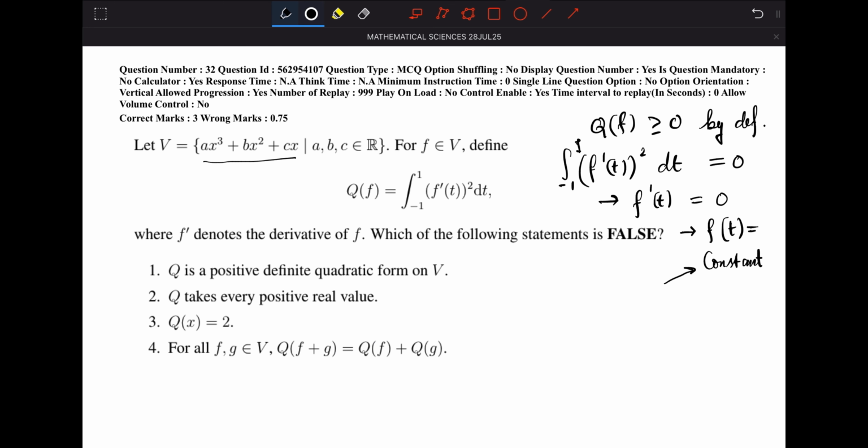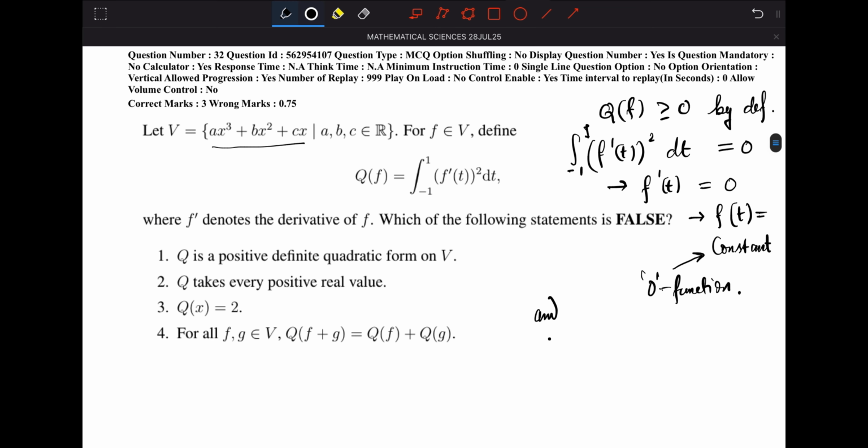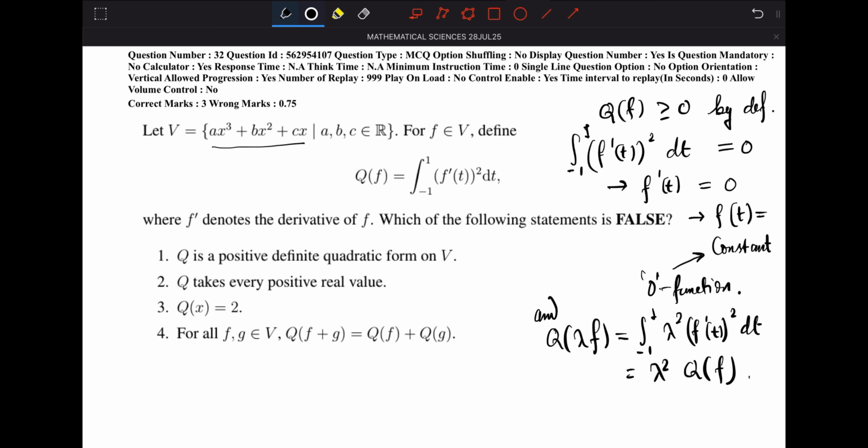So the only choice for the constant function is the 0 function. So that means it is positive definite, and Q of lambda f is the integral of lambda square f prime t whole square dt, which is lambda square Q(f). So that means this option is true, so we will not take this because they're asking about the false statement.